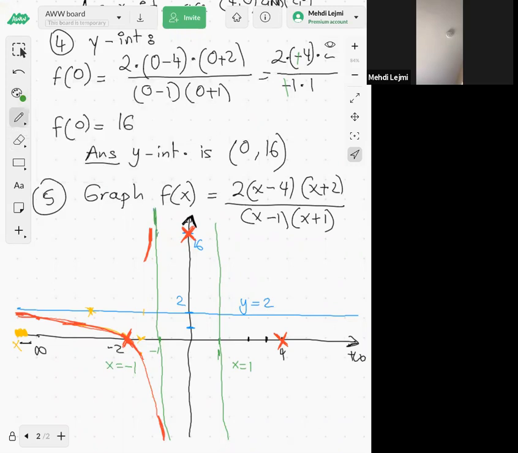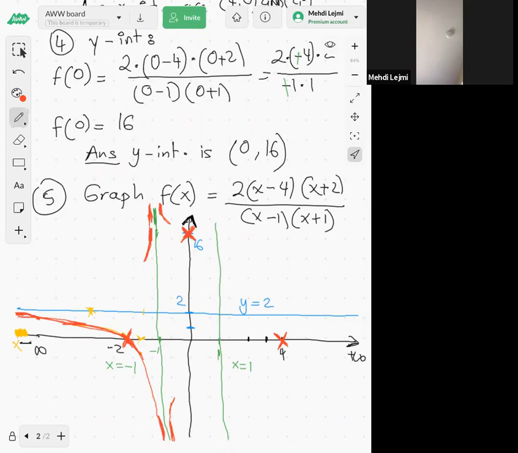So let's say this is longer than here. So here's my graph. As I said, there are two options: either you start at the top here, or at the bottom here. But then the next thing you have is the y-intercept at +16.